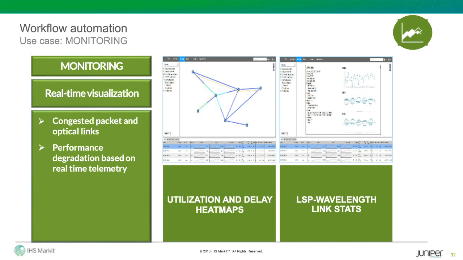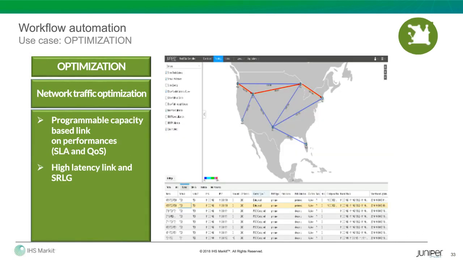And the last is how you get to an optimized network. There was a question: once you have centralized your controller, what are you going to do? Well, you can start to do optimization around your network. So you can apply and enforce policy from other applications or other elements of the network, and then you can start to program, for example, the capacity of your link based on a specific SLA or specific quality of service.